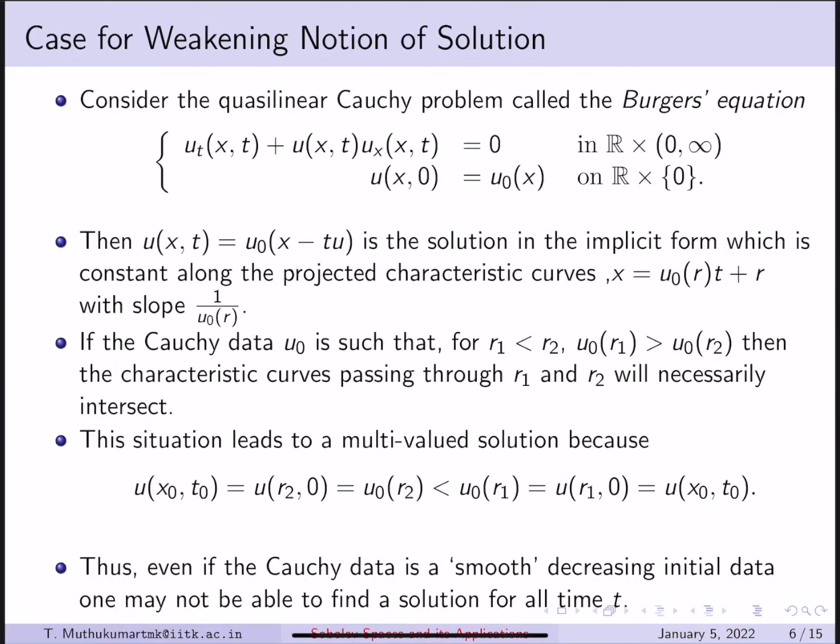Okay, so in this case you see u naught could be smooth data. You don't have to start with discontinuous data. Even with smooth data, you may not be able to find a solution for all time t, and you may have to do something more to obtain a physically relevant solution, and that you can do only by weakening your notion of solution.